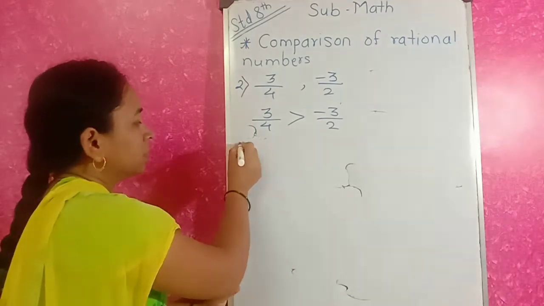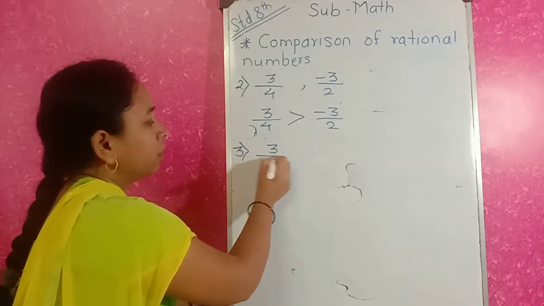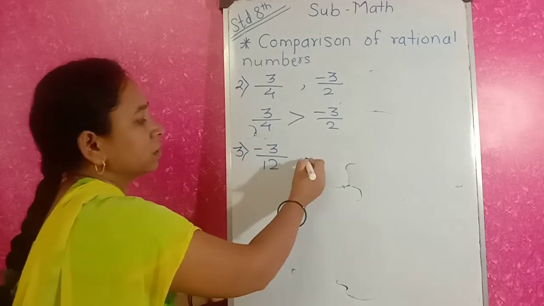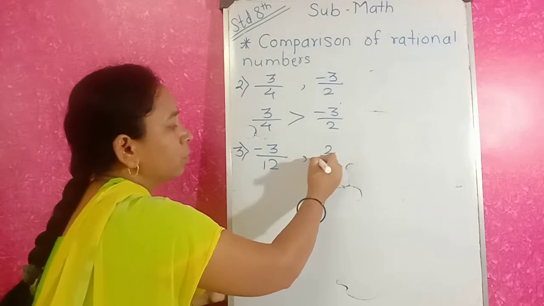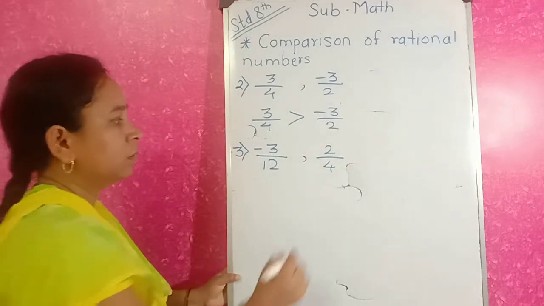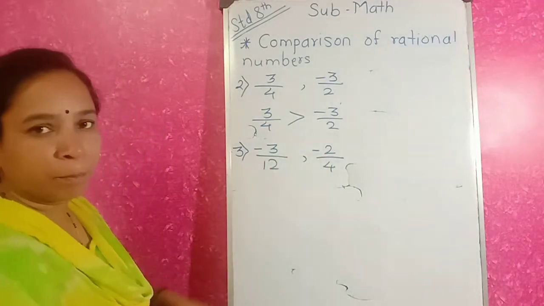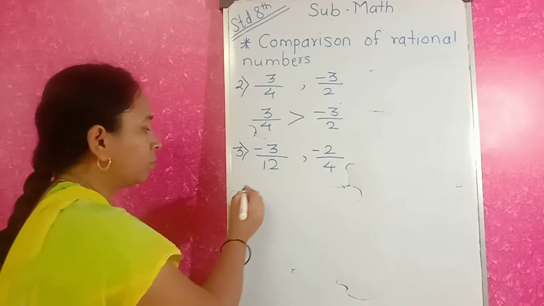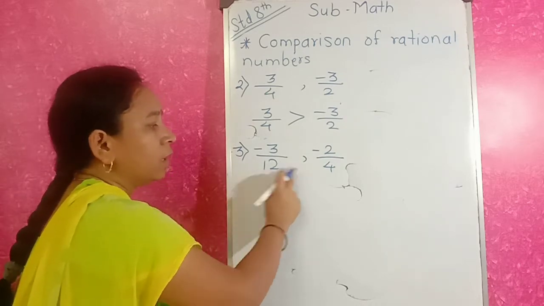Next example, third example: minus 3 upon 12 and minus 2 upon 4. Now I want to compare these. So here the denominators should be equal. How to make the denominators equal? 12 and 4.